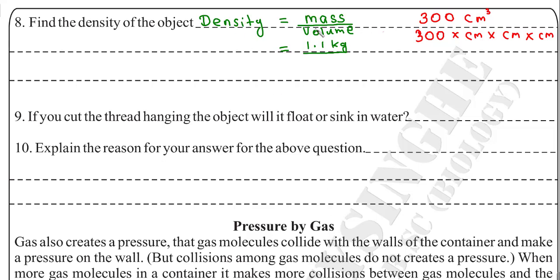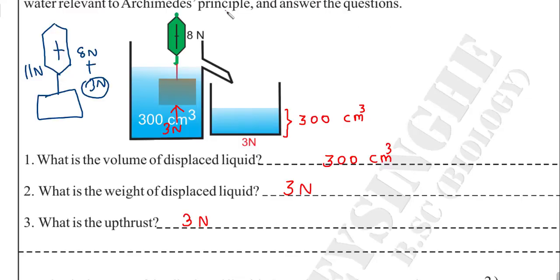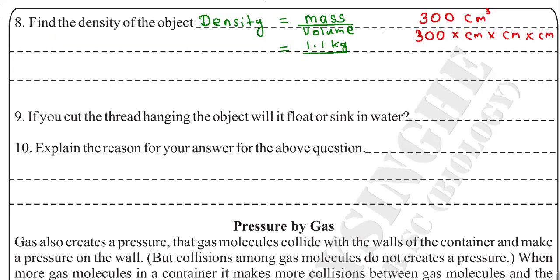Then to find the density, density equals mass divided by the volume. Mass is 1.1 kilogram. The volume of the object is 300 cubic centimeters. We have got it here. The volume of the displaced water is also 300 cubic centimeters. Cubic means height, width and length. Right? All of them are multiplied, and we get the cubic centimeter.